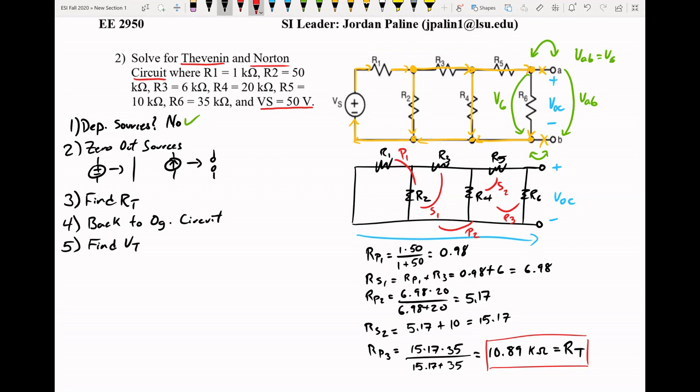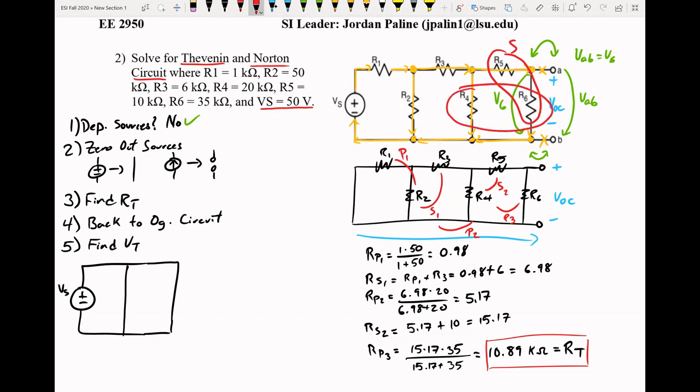Another thing you could do is take our circuit and say, if I took these two, combine these in series, and then took that combination and combined that in parallel, it would give me something that looks like this.